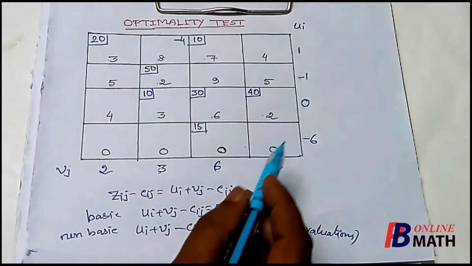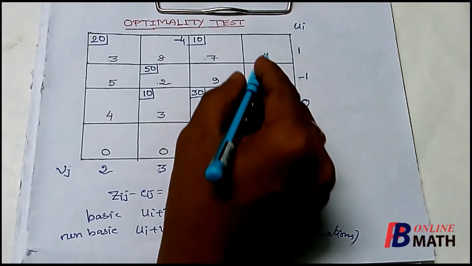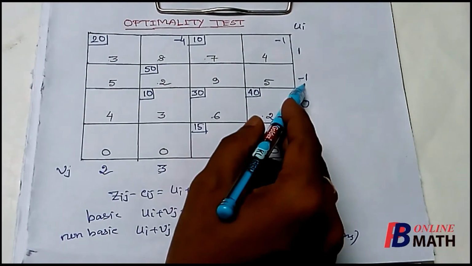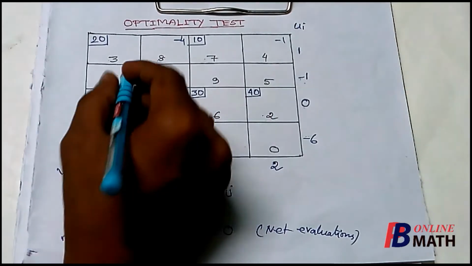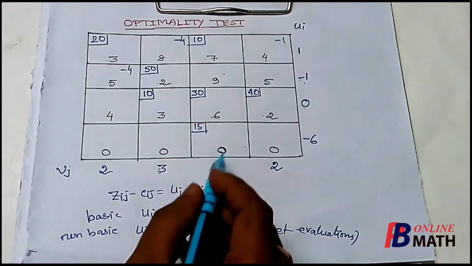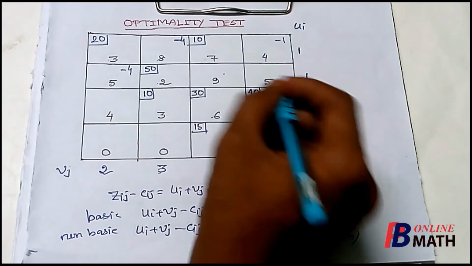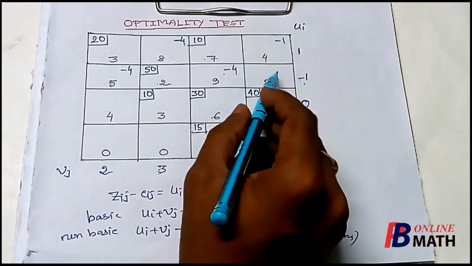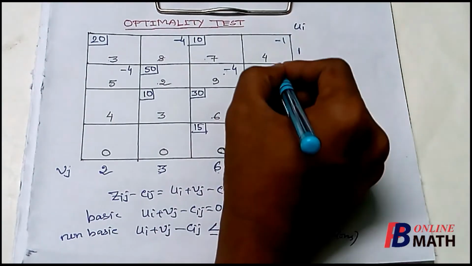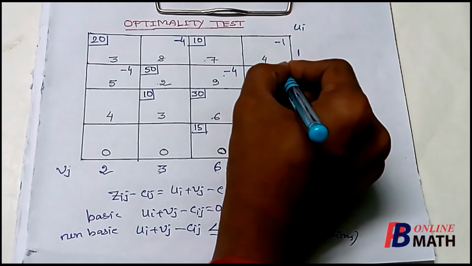For this non-basic cell ui plus vj minus cij is minus 1. For this non-basic cell it is minus 4. For this non-basic cell it is minus 4. For this non-basic cell it is minus 4 again.